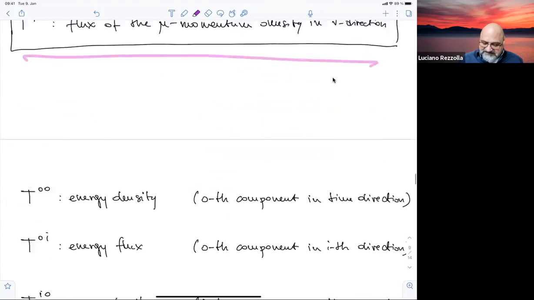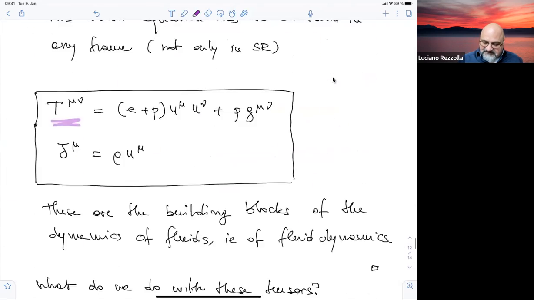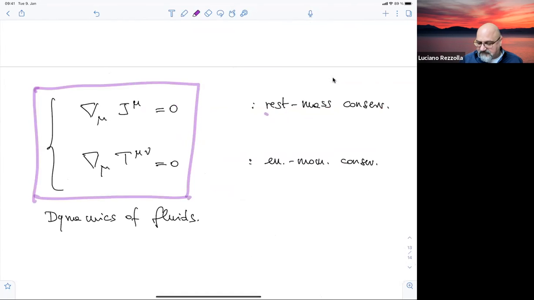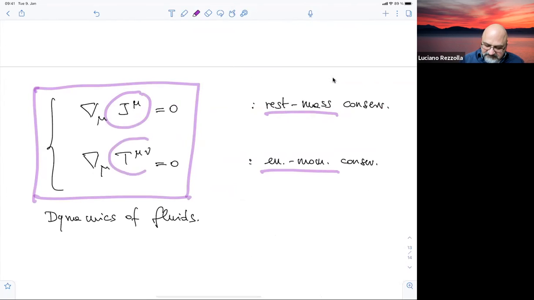The dynamics instead, which I've just introduced, is telling us that if a fluid has things like mass, energy, and momentum, these quantities have to be conserved. And how do we do this? We know how to write a conservation law, and these are the quantities that we have to conserve: two tensors, one which is the current, and the other one the energy-momentum tensor.